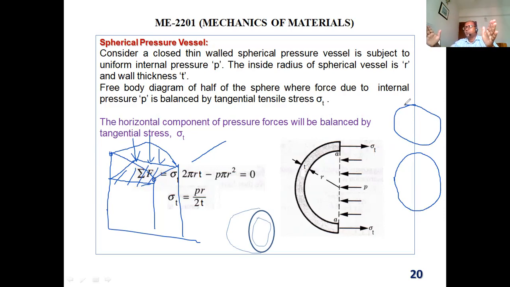A ball, you view from the left-hand side, it will be flat. Look in our homes, our mother, sister, or wife, they cook bread, tortilla, roti, right? They take flour and water, mix the dough, and make it round shape. They press it, then apply pressure with the roller, and it becomes flat.